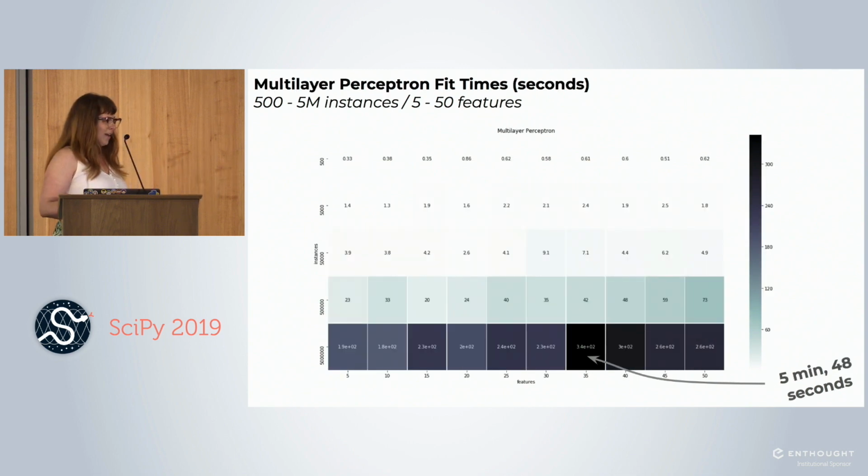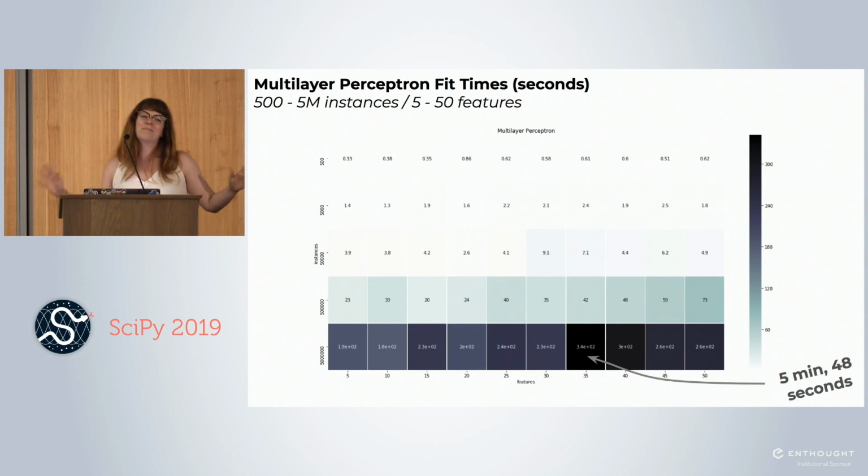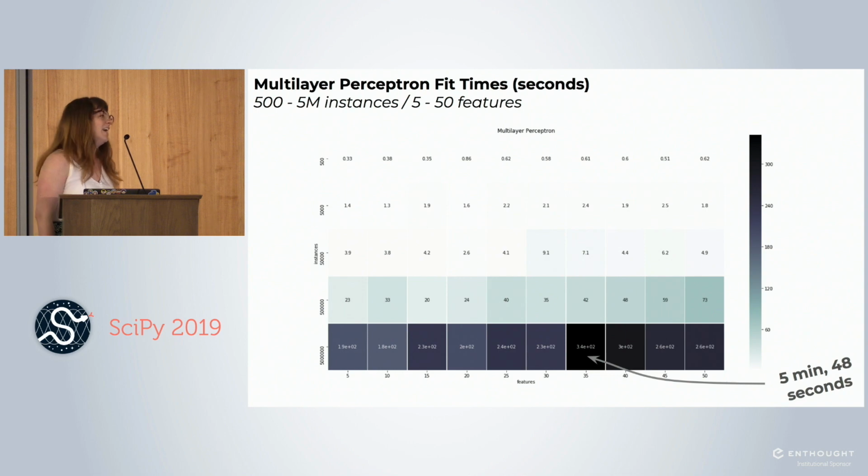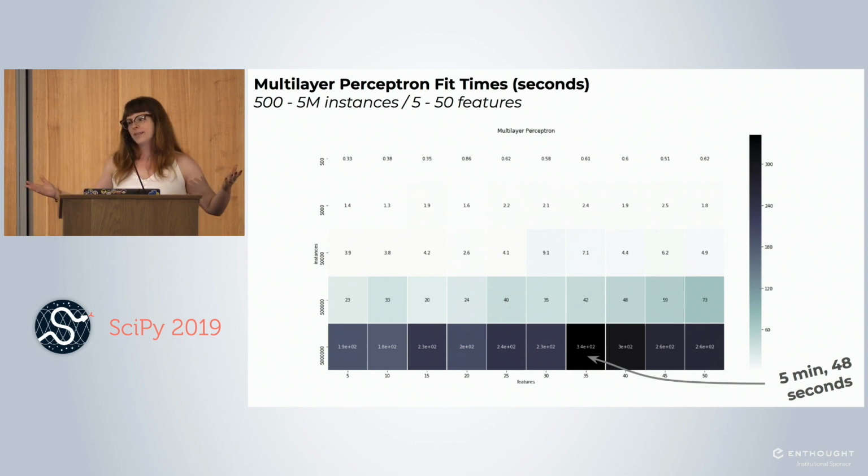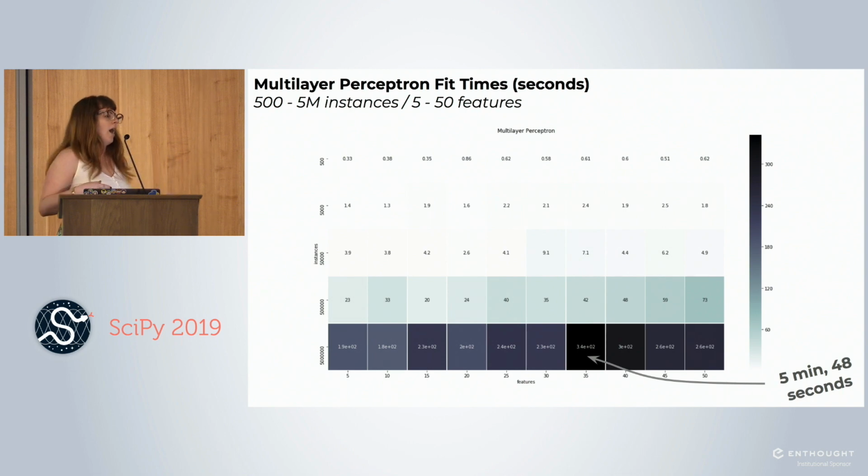Not all models scale that well. Here we have a deep learning model, a multi-layer perceptron. Again, it's somewhat simpler. The scikit-learn implementation of MLP is designed really just, I think, for prototyping deep learning, and obviously you would probably use something like PyTorch or Keras and TensorFlow to do this at scale.